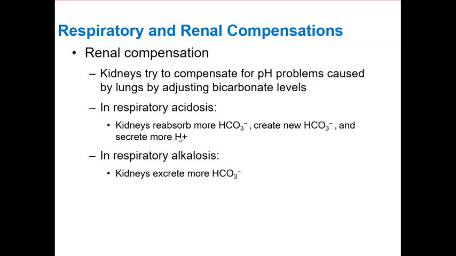Secreting more hydrogen ions means they'll enter the urine, and that acidosis will go in the other direction to normalize. In respiratory alkalosis, the kidneys will excrete more bicarbonate ion, therefore retaining more hydrogen ion, so that the pH in the alkalosis will start to lower back to a normal level. So we see how one system compensates for the other.